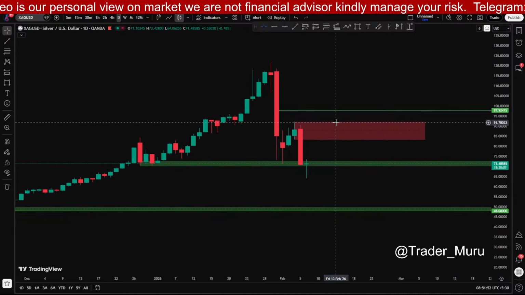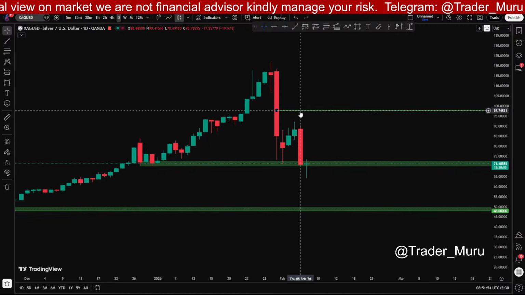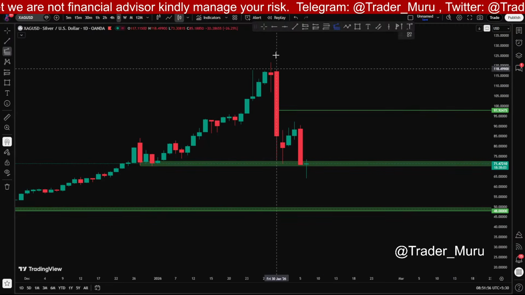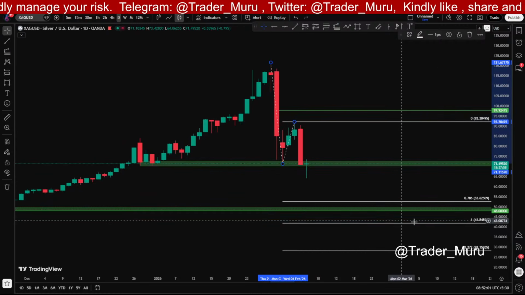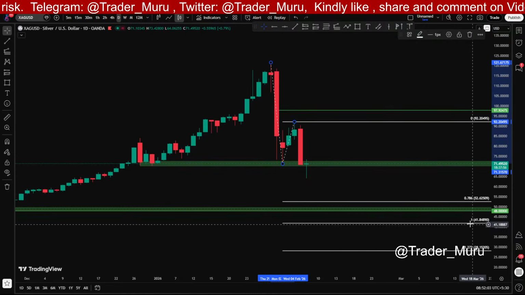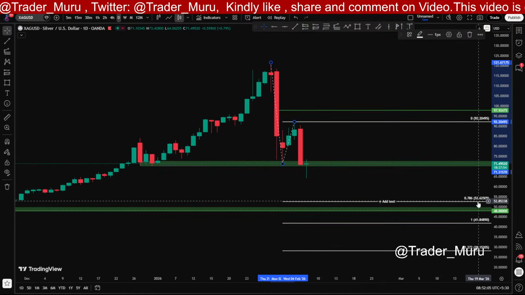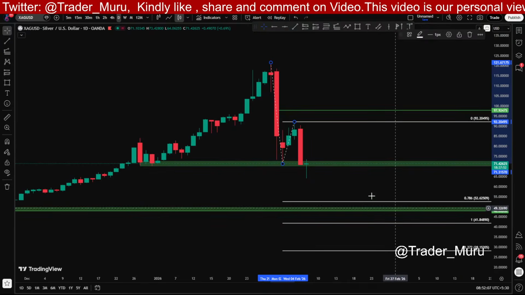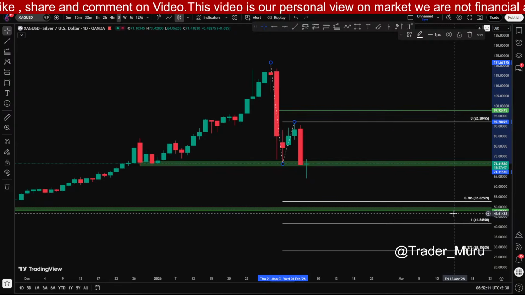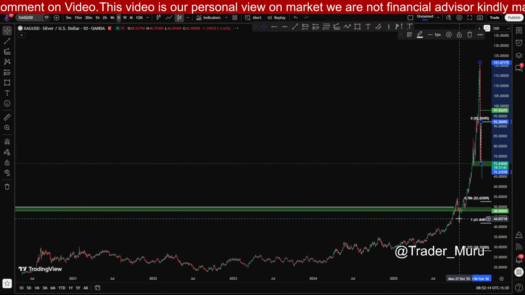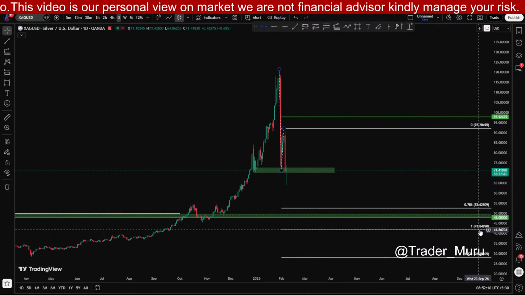Most of the time price just goes in one direction. So this is the first drop. If we put the Fibonacci here, we can see the 786 area is near about 852 and one retracement is near about 41. So price can drop to 41 here.